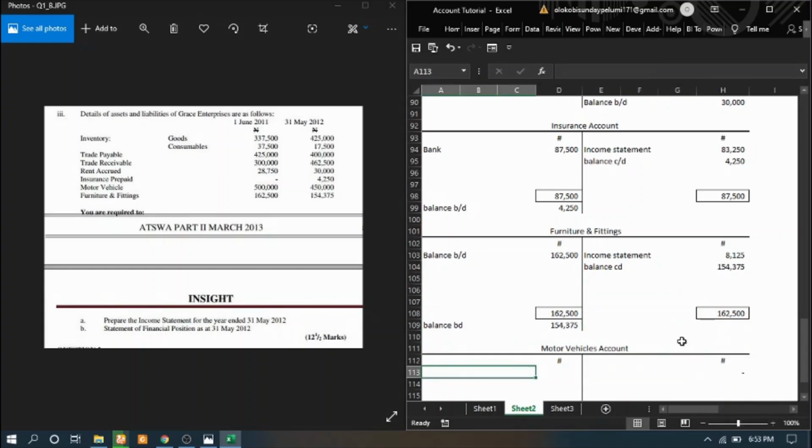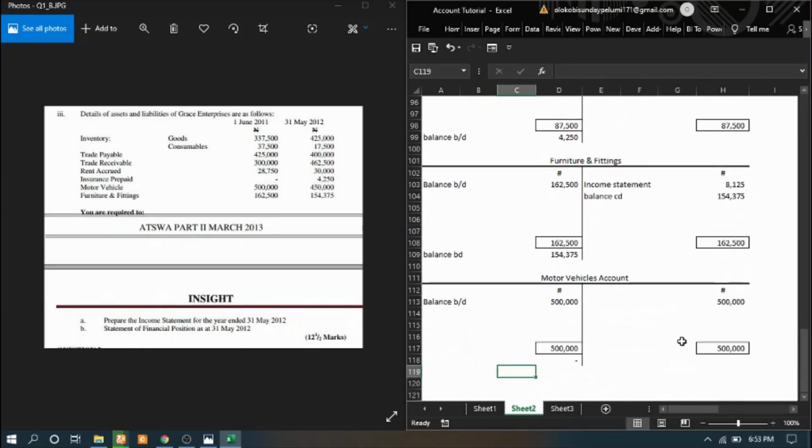Now motor vehicle as well, the opening balance there is absolutely 500,000. So the closing balance, which is going to be an opening balance for the next period, balance b/d for next period, is 450,000. So yeah, we're going to have balance c/d here.